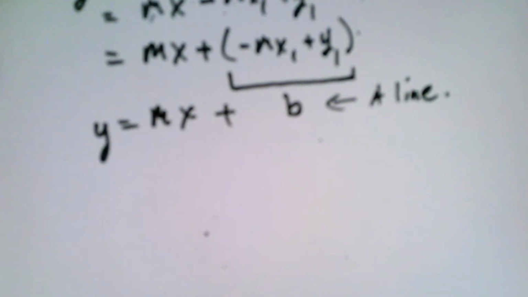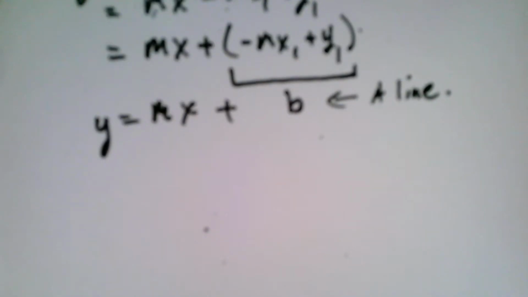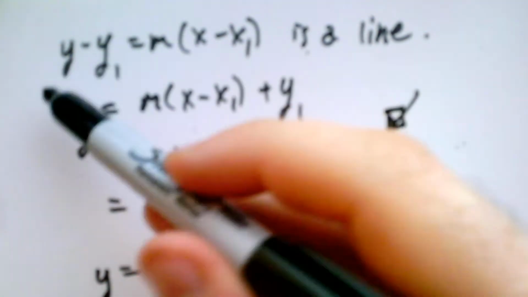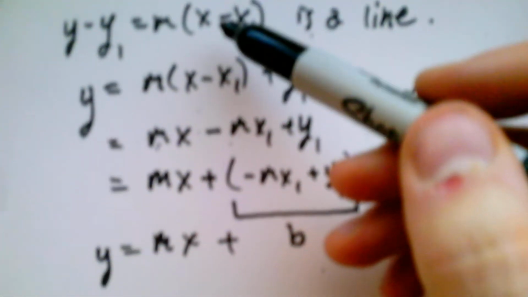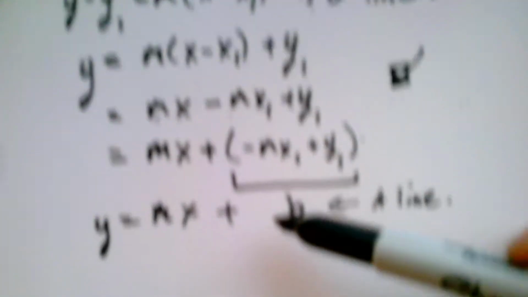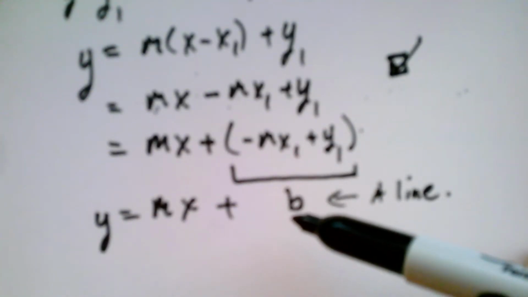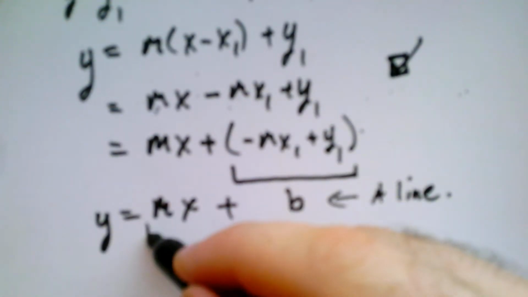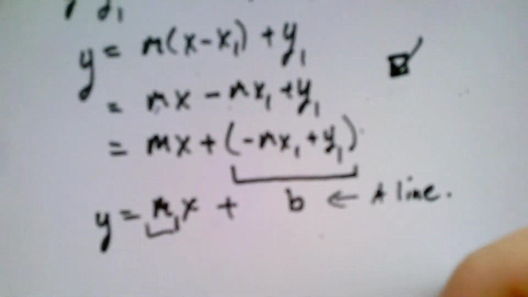The next thing that we wanted to prove was that the slope of our line was m. Well, this slope-intercept form, as we manipulated it, we got down into the form mx plus b, which is the form of a slope-intercept line, and the slope was m.